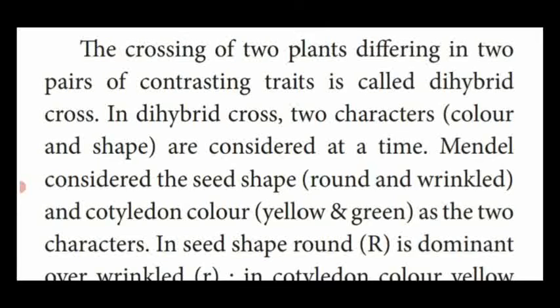Dear students, Mendel has considered round and wrinkled as the shape. Round is the shape character. Wrinkled means wavy nature. Another one is the color, yellow and green. So these are the two different contrasting traits.